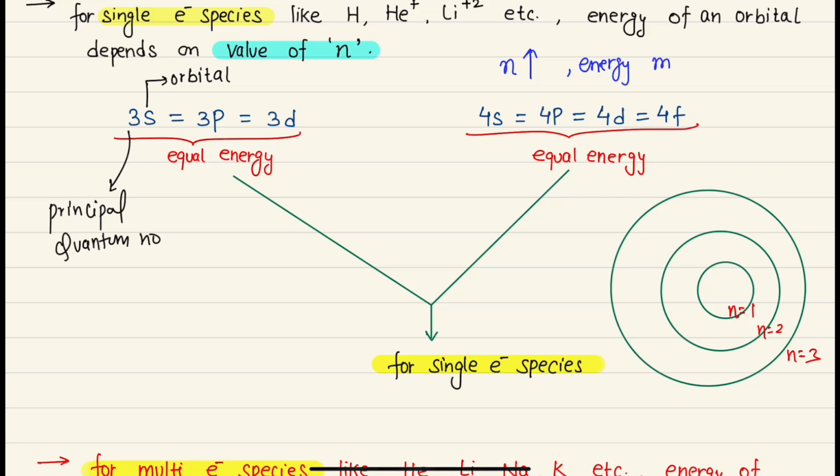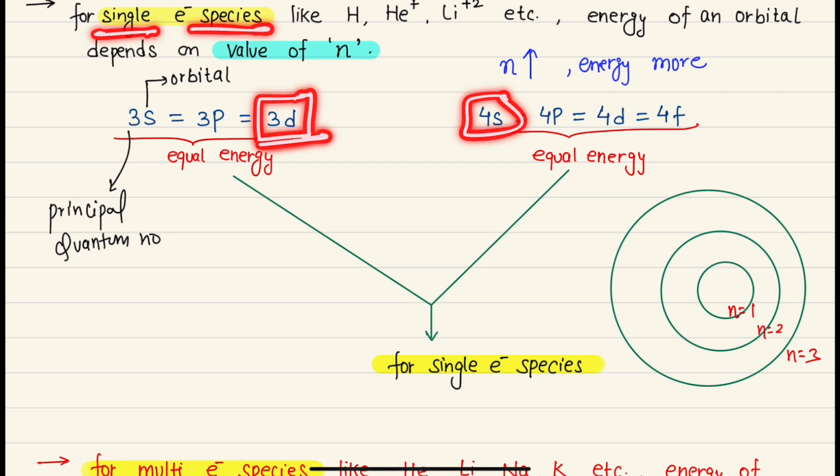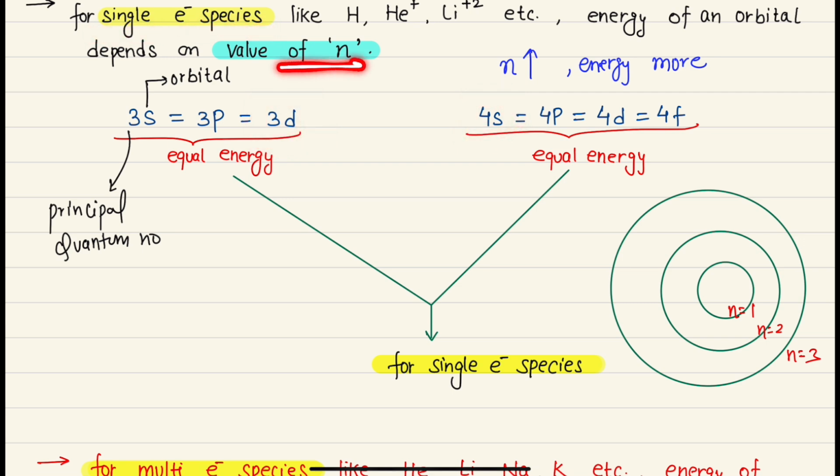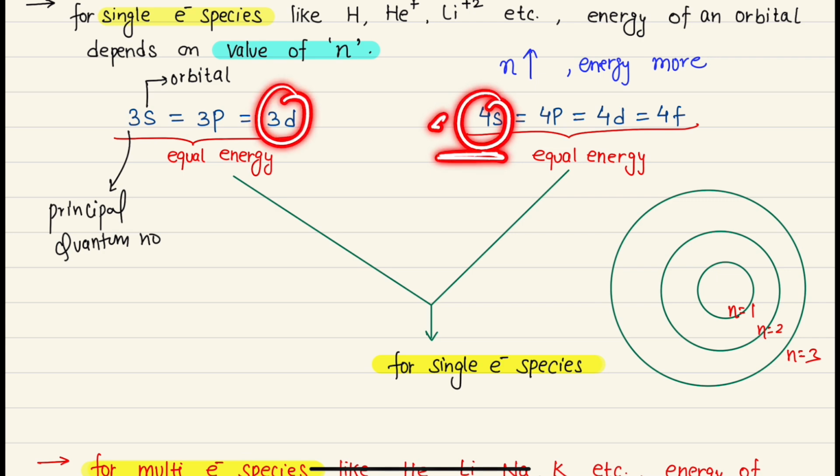Suppose I ask you to compare the orbital energy of 3d and 4s for single electron species. First of all check the n value. Here it is 3, here it is 4. In that case 4s will have higher energy than 3d.